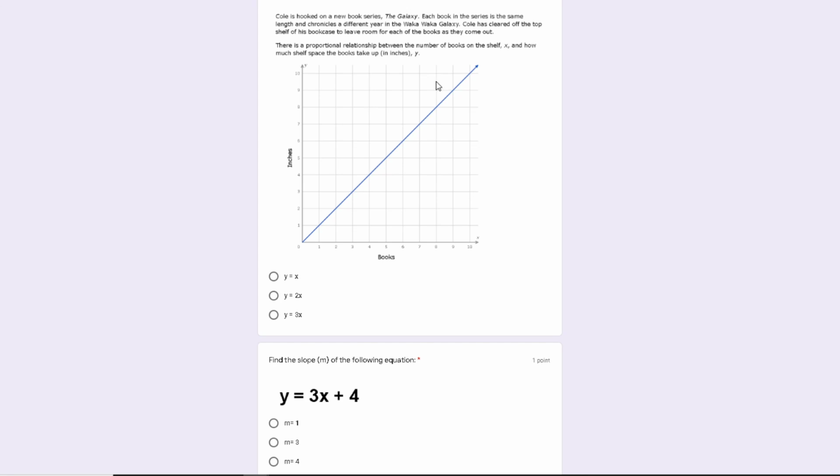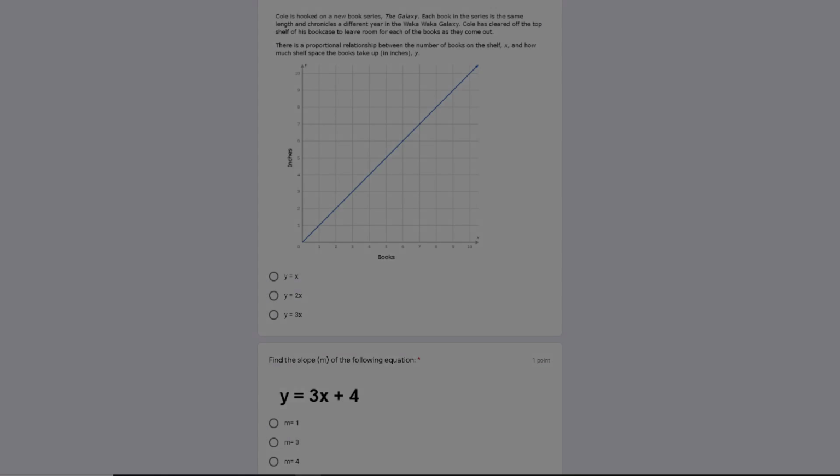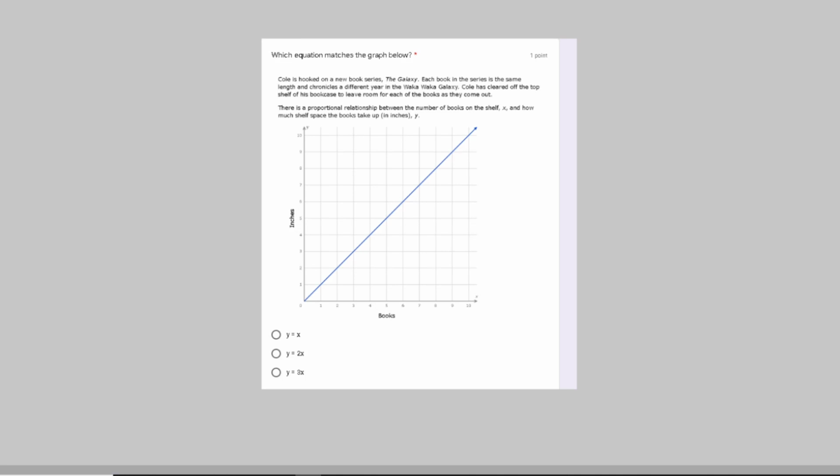Which equation matches the graph below? Looks like we're going to want to compare books to inches. Let me write that.